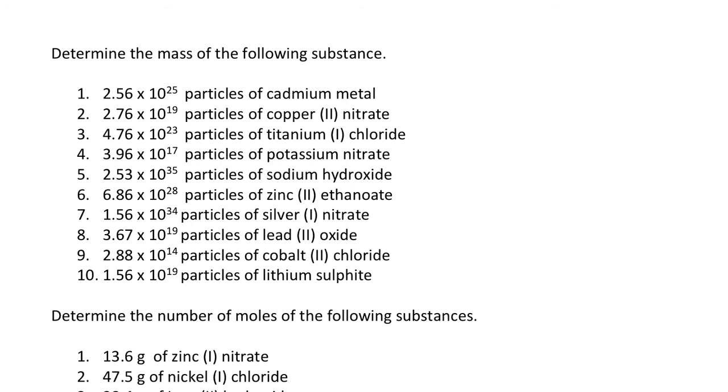Okay? It's reliant on you to remember that the number of moles of something will be equal to the number of particles over Avogadro's number. So effectively, if I was to replace this number here with 6.022 times 10 to the 23, I would have 1 mole of something, right?